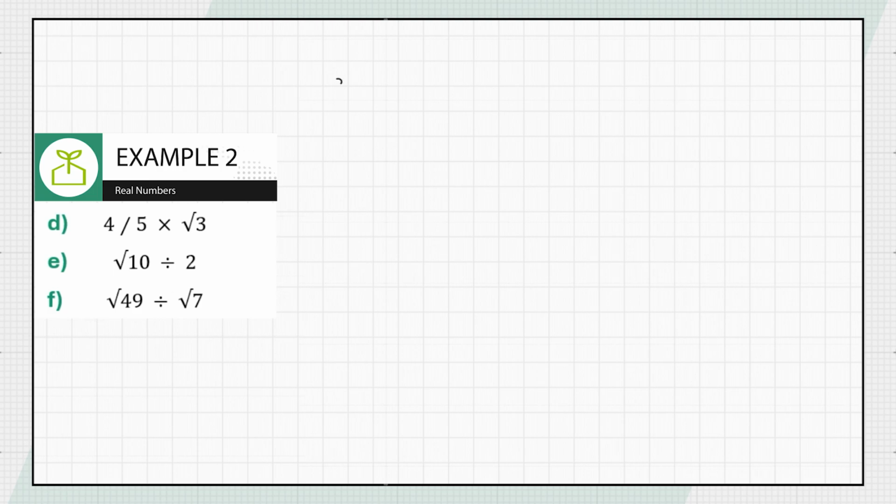Okay, let's get started. So for D, we have 4/5 being multiplied by root 3. And we can perform this operation and get 4 times root 3 over 5, or 4 root 3 over 5.